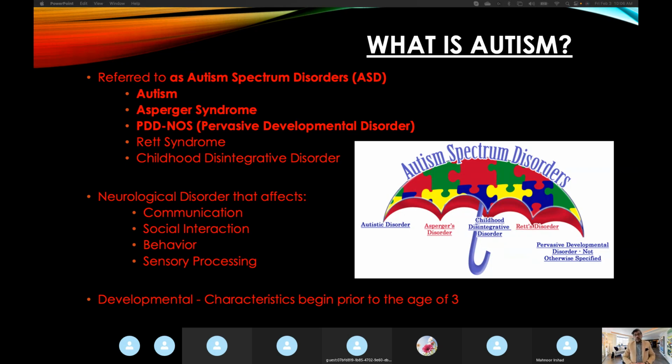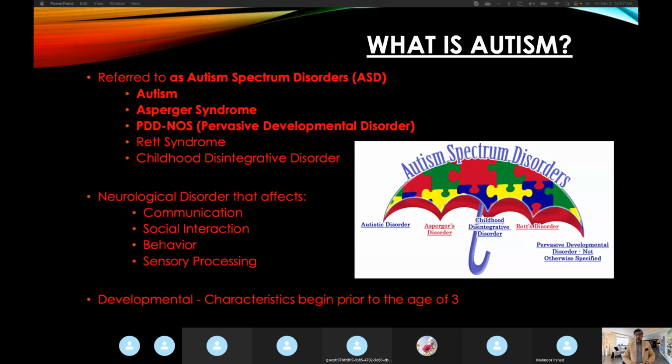So, what is autism? Autism spectrum disorders cover five kinds of disorders. One is autism, of course, the mainstay. Then there is another form which we call Asperger's disease. It's a milder form of autism. Then pervasive developmental disorder not otherwise specified according to DSM, and Rett syndrome, which is unfortunately a very problematic, traumatic, and aggressive kind of disorder of childhood.